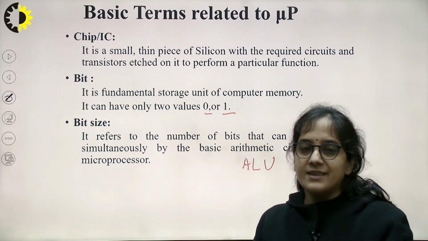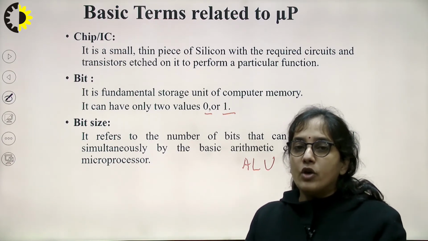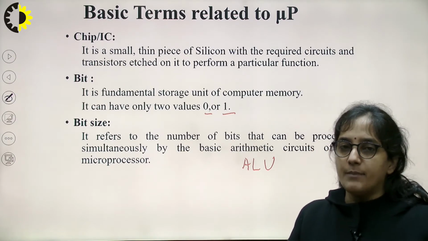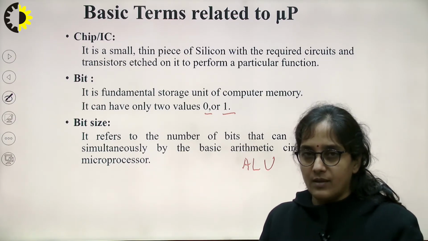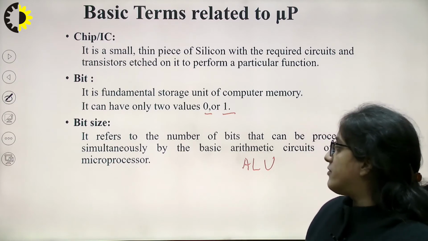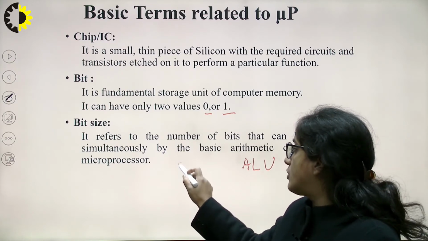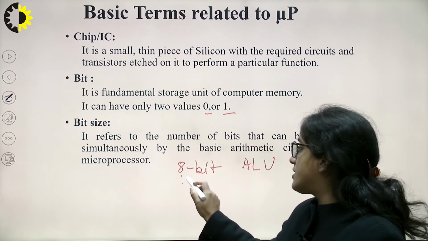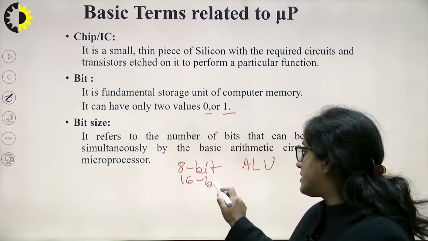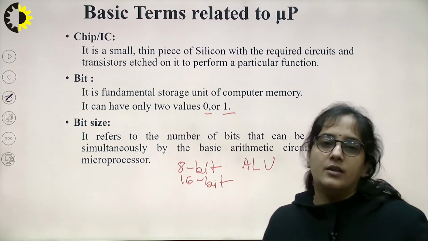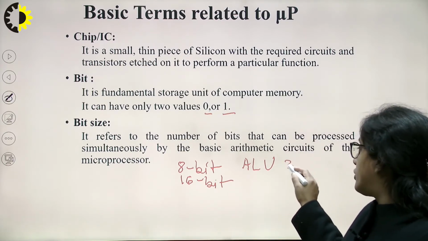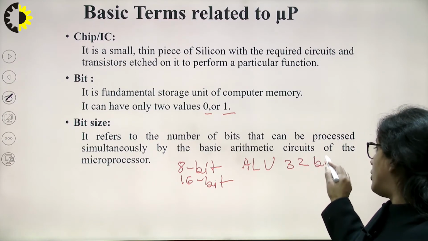It signifies the number of bits that can be processed by the microprocessor in a particular clock cycle. In our syllabus, we have to study the 8-bit microprocessor and the 16-bit microprocessor, and in today's scenario we also have 32-bit or 64-bit microprocessors.